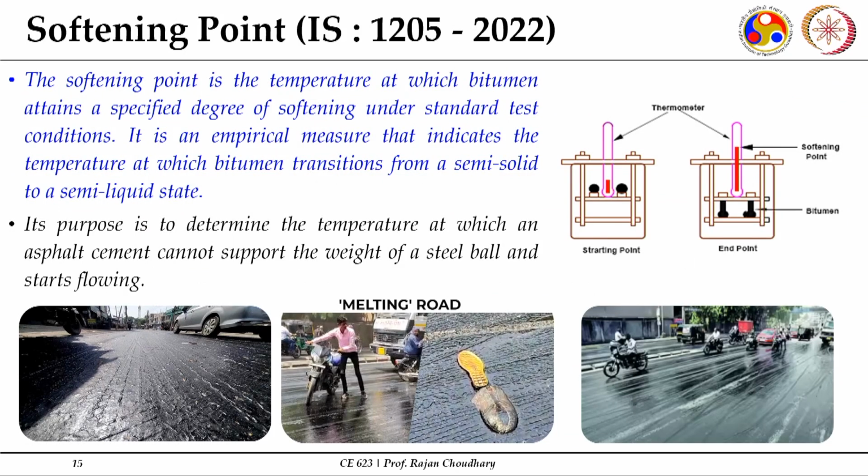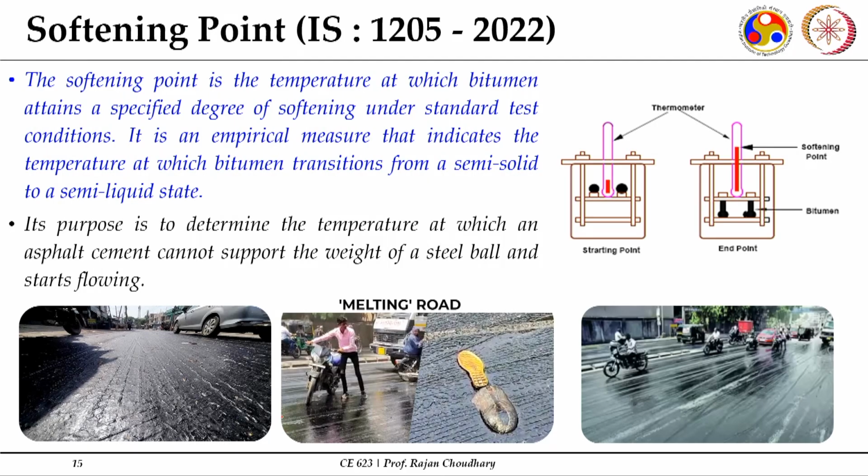Another consistency test, which is used to ensure how the binder will behave, specifically how the phase change of binder will happen. As I mentioned, it can be a semi solid at lower temperatures, and when you increase the temperature, it may become soft.